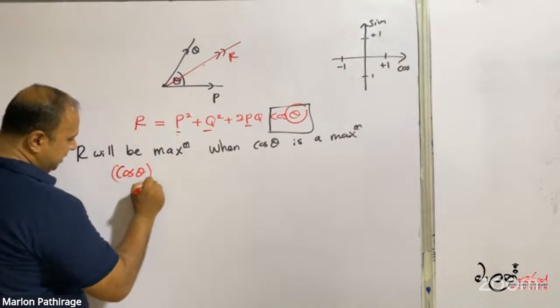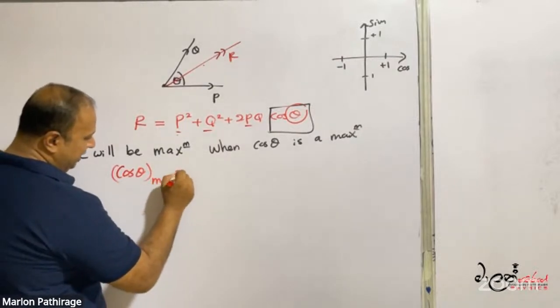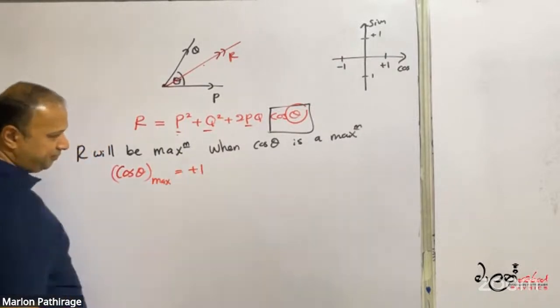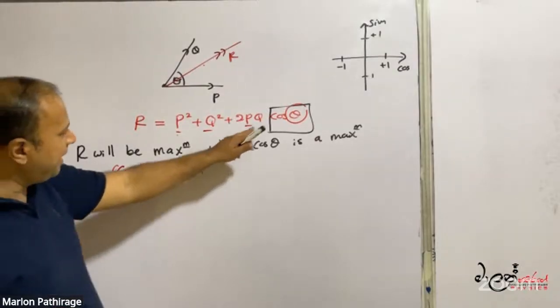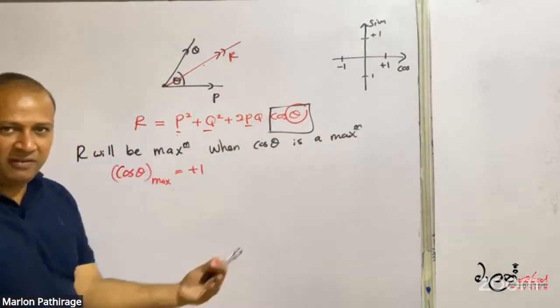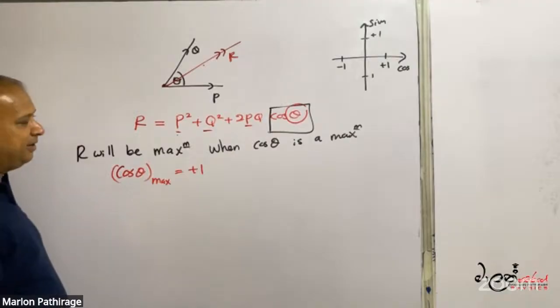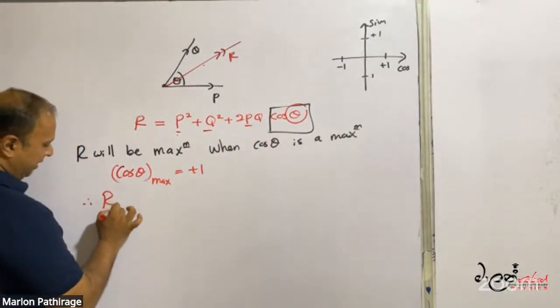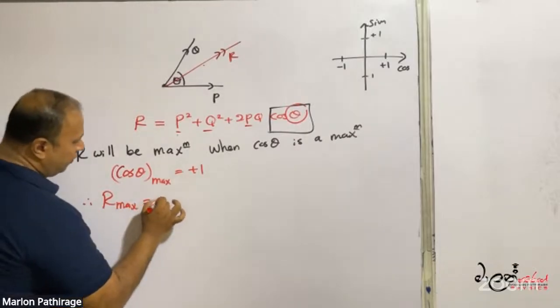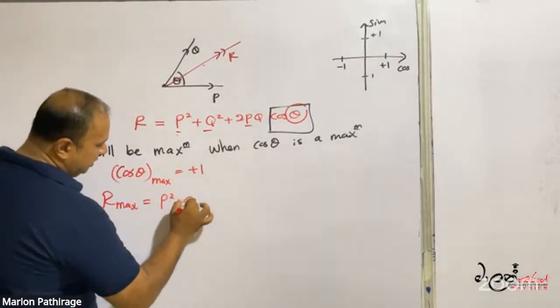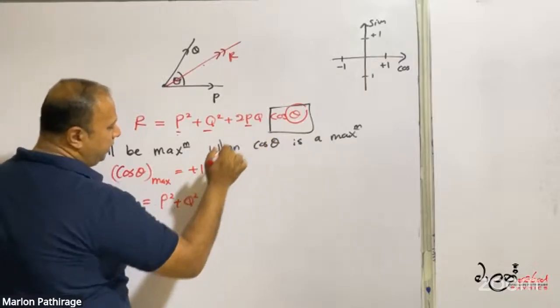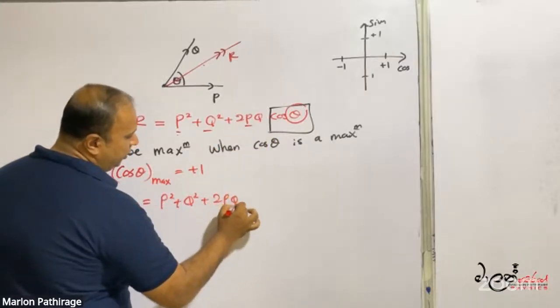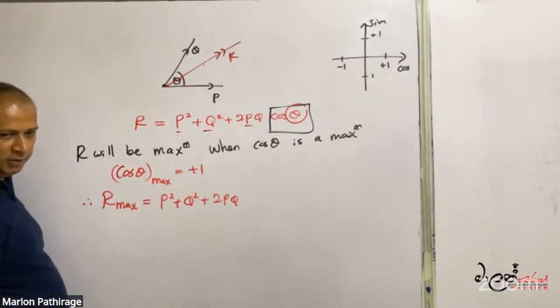The maximum cos theta value is +1. Therefore, if you apply +1 here, +1 means just 1, put it. So, if you apply 1 here, then maximum R is equal P square plus Q square plus 2PQ. Here, 1 put it.